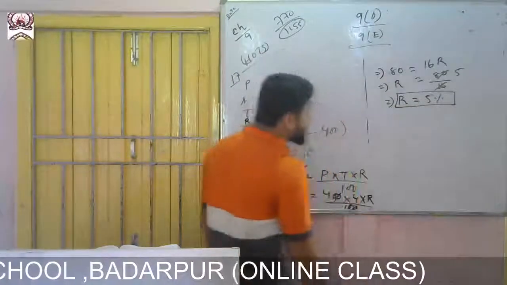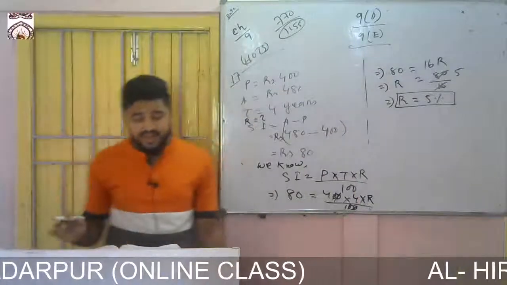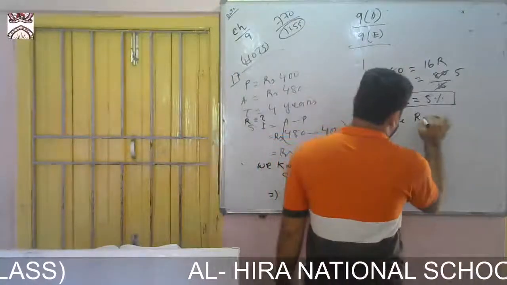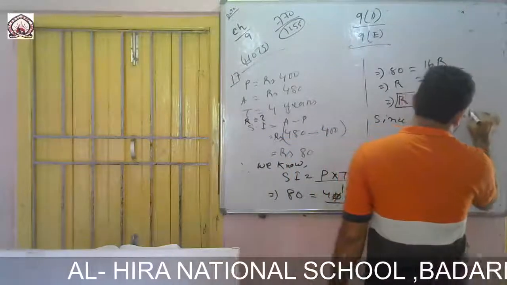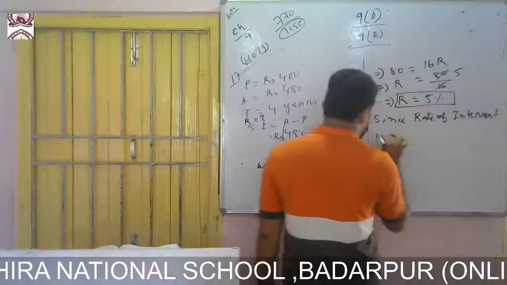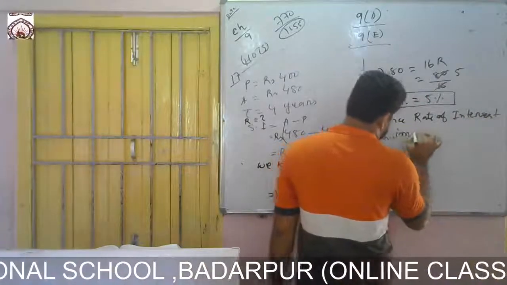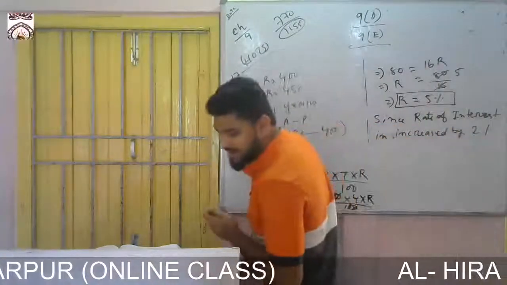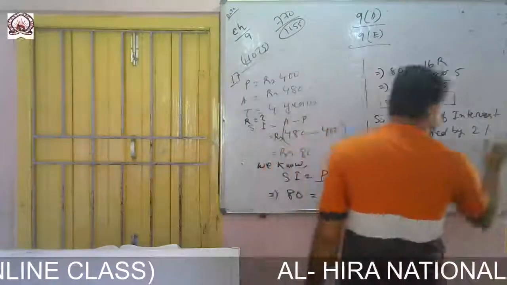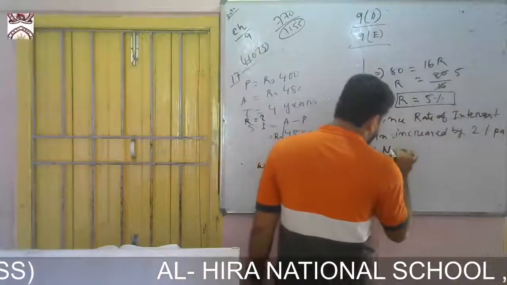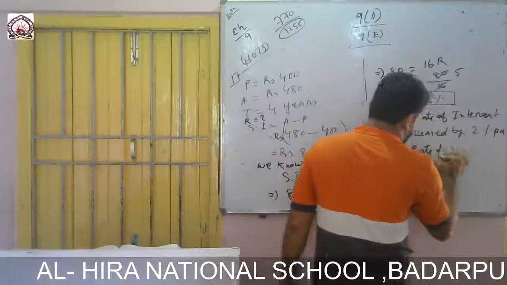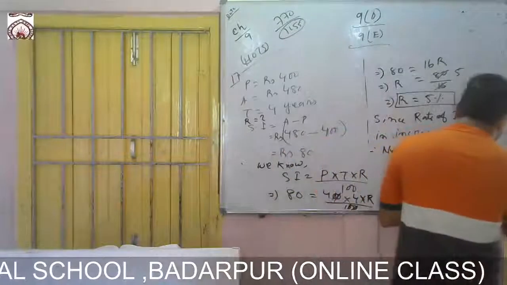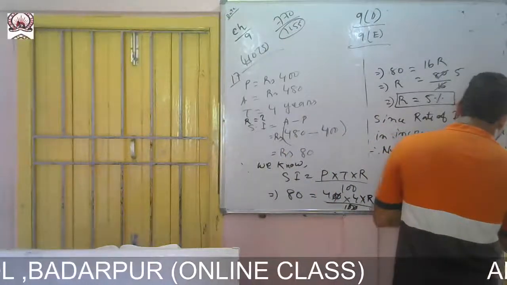But in the question it is said that since the rate of interest is increased by 2% per annum, therefore the new rate of interest will be 5 plus 2%, which is 7%.